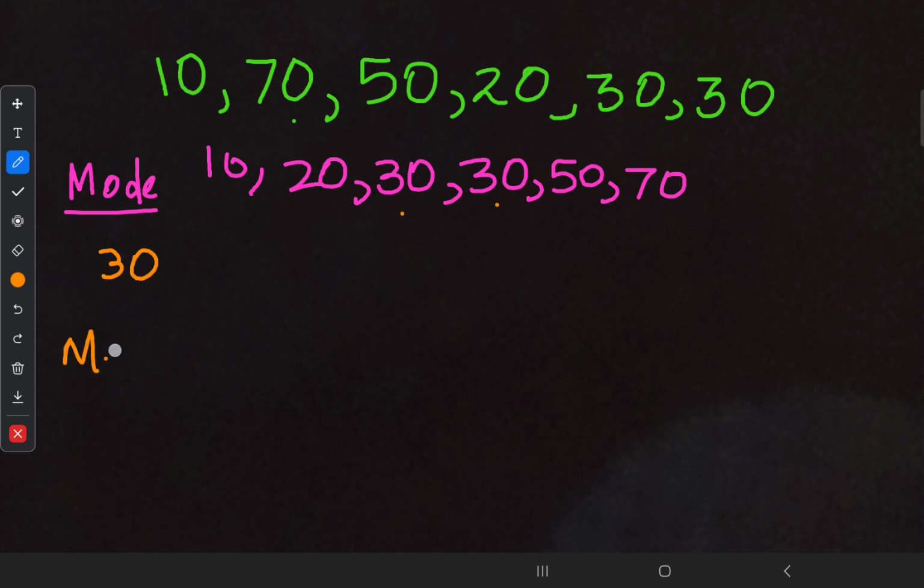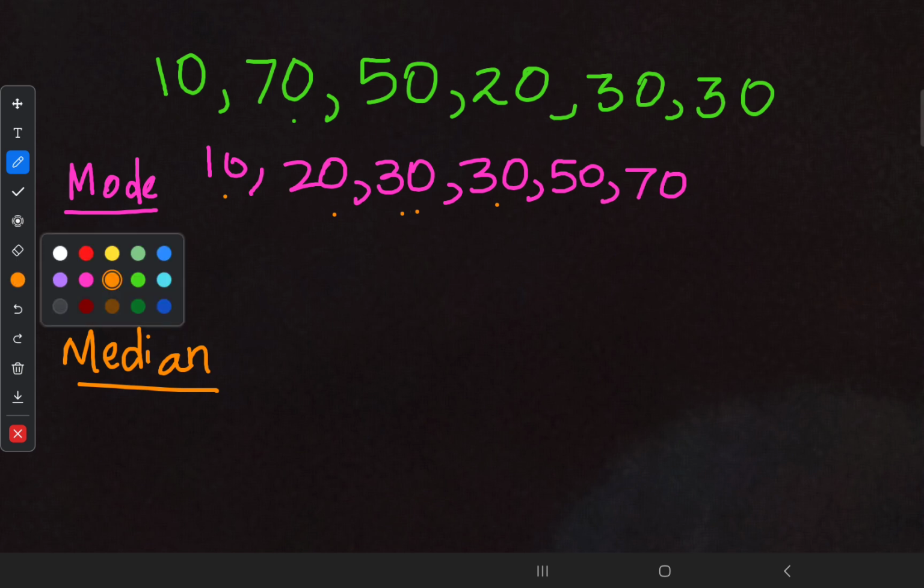The second one is our median. In our previous example, I explained how to find it in an odd series. Here there are 6 data, so the middle portion will be occupied by these two.